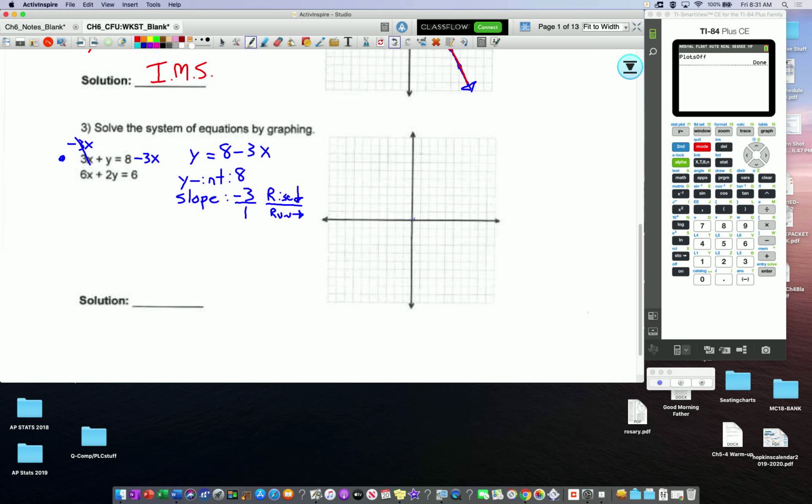I'm going to start at 8: 1, 2, 3, 4, 5, 6, 7, 8. So I go down 3 to the right 1, down 3 to the right 1, down 3 to the right 1, and continue that process. So I get a nice set of points here.